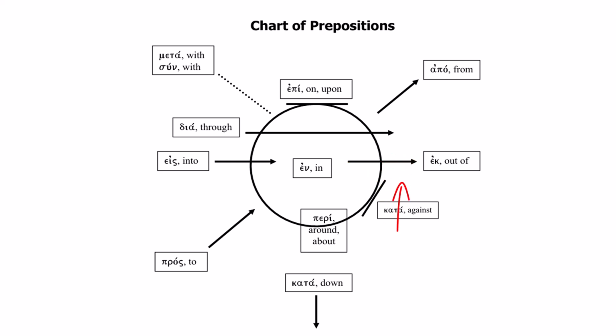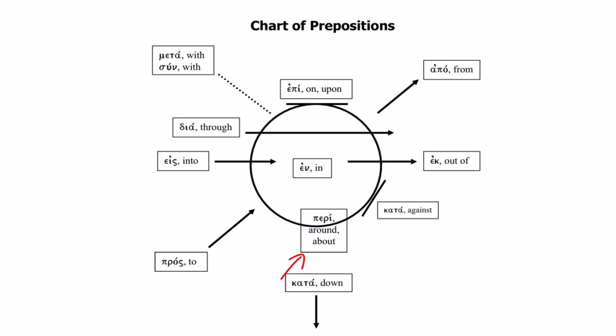And then you have the preposition kata. Kata means against. As you can see, the preposition is placed against the circle. And then you have the word peri. You can see the word peri is placed around the circle, along the circle. So the Greek preposition peri means around or about.